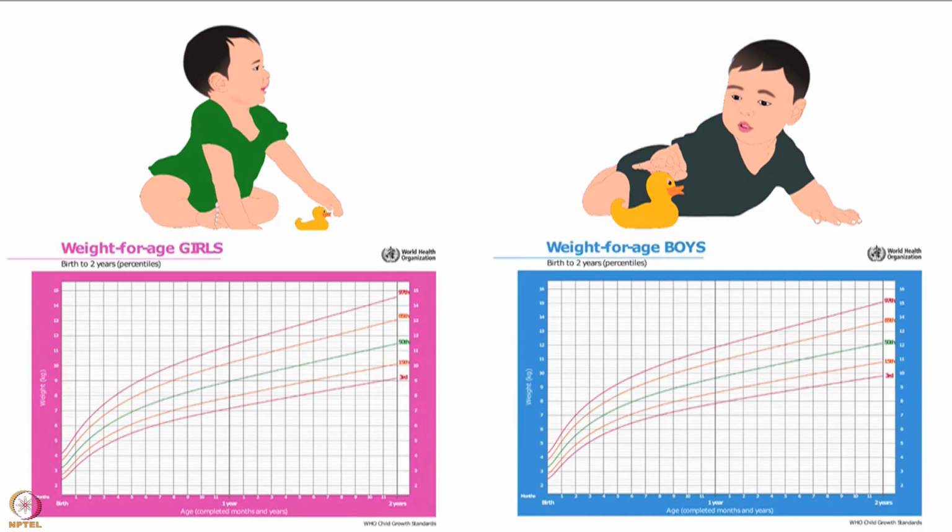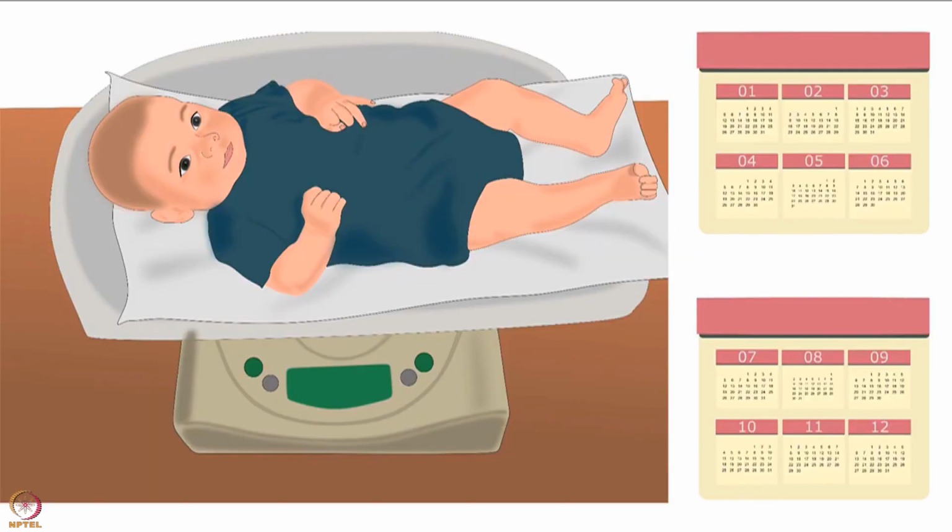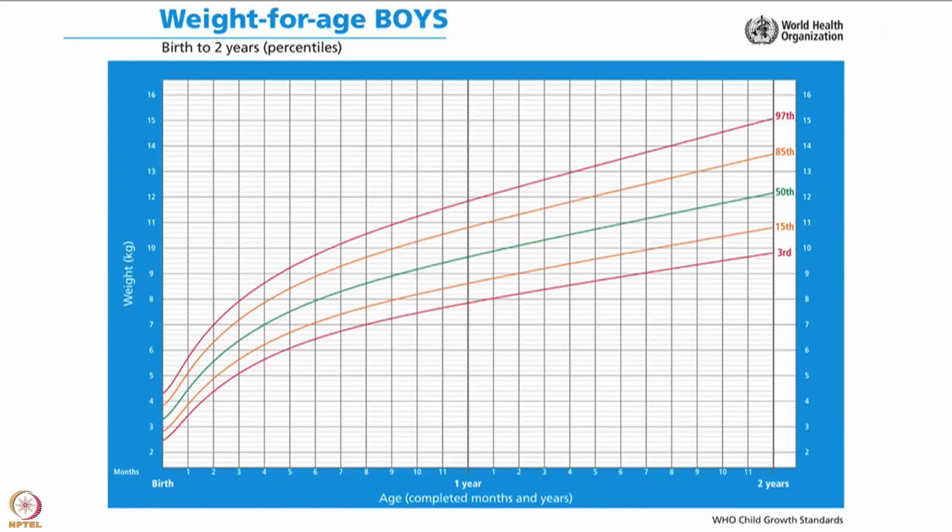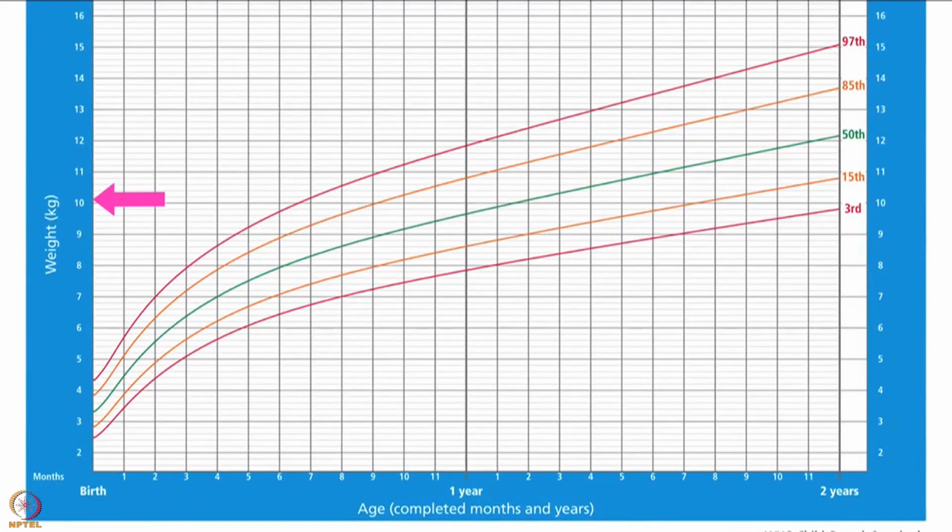Now, let's learn more about the second type of percentile growth chart. It is the weight for age growth chart. Weight for age reflects body weight according to the child's age. On weight for age charts, the y-axis shows weight in kgs.